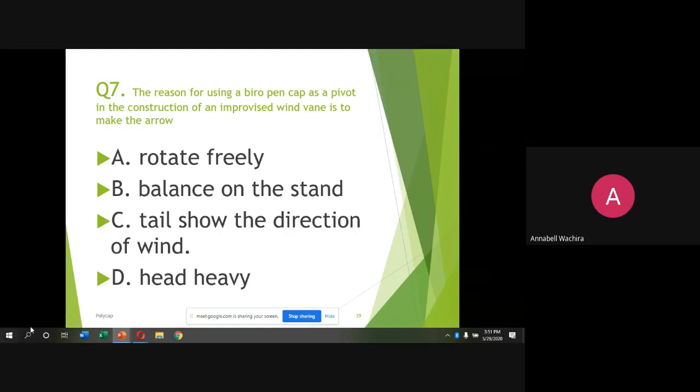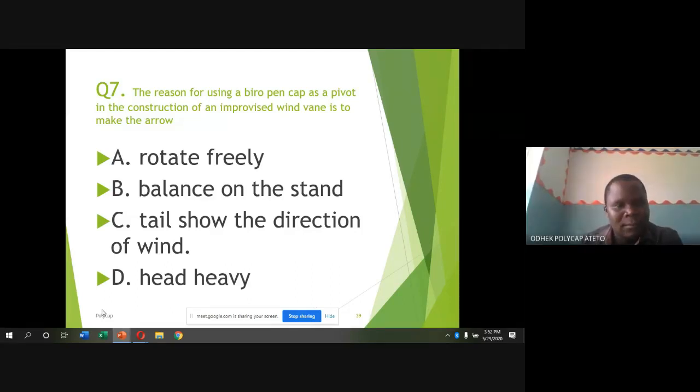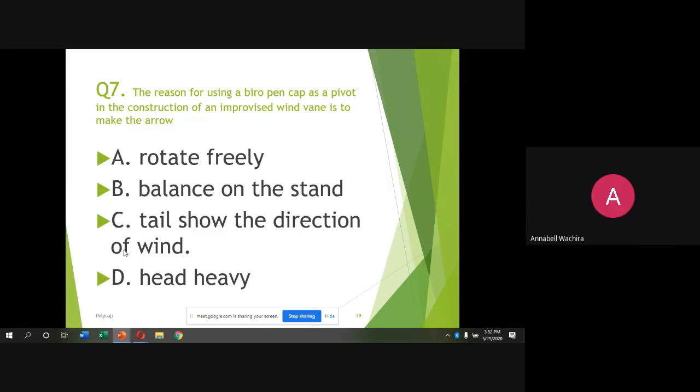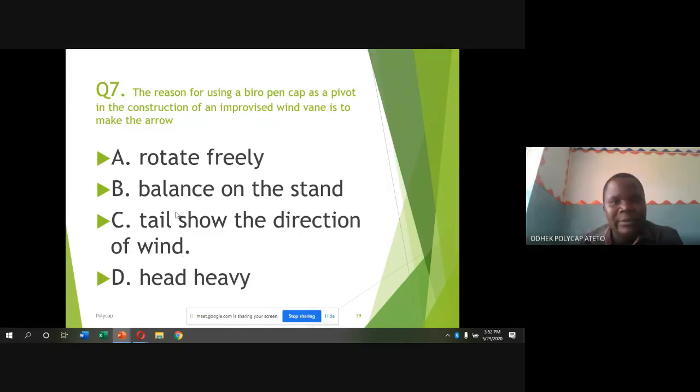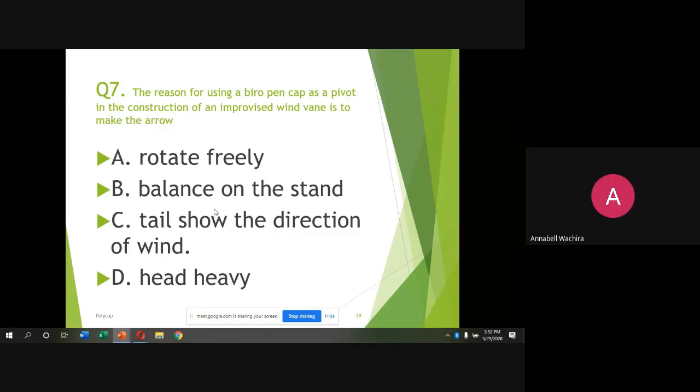The reason for using a biro pen cap as a pivot in the construction of an improvised wind vane is to make the arrow rotate freely. I'm not so sure about my reason.